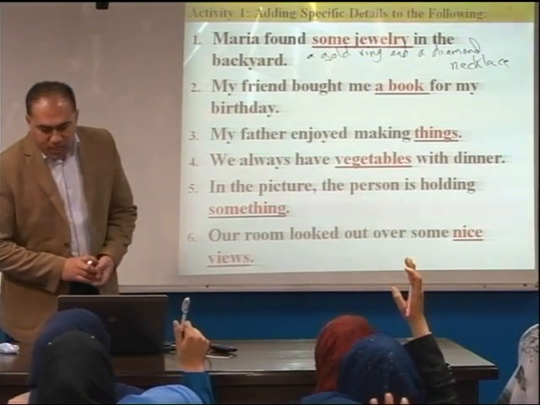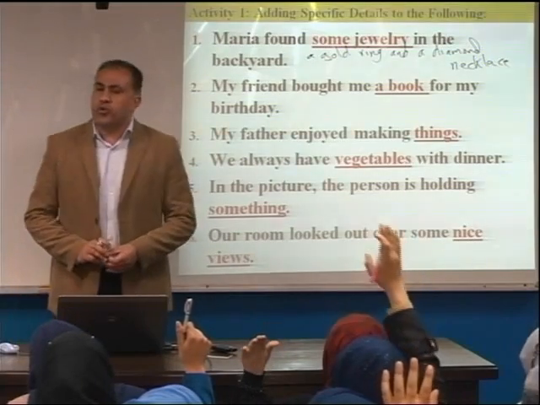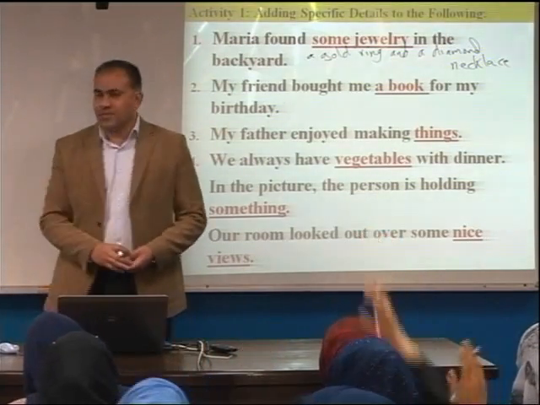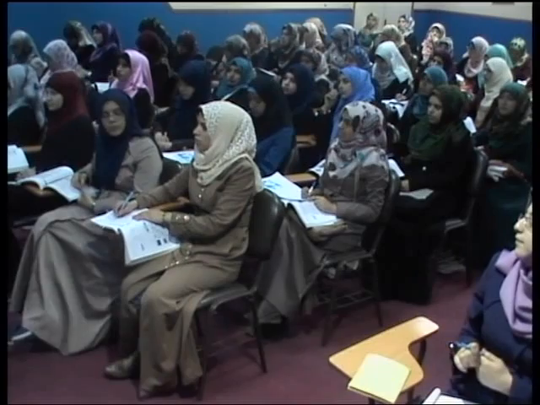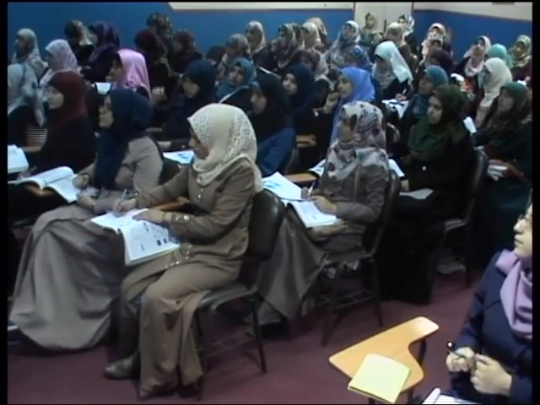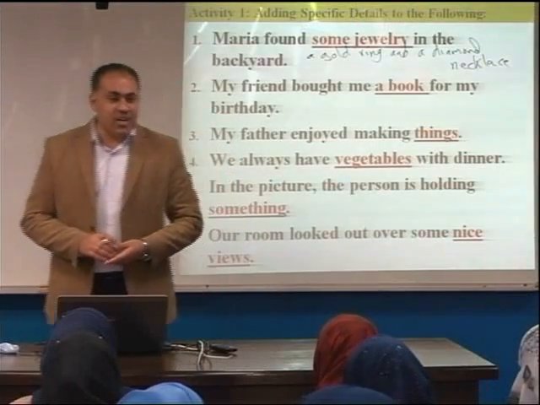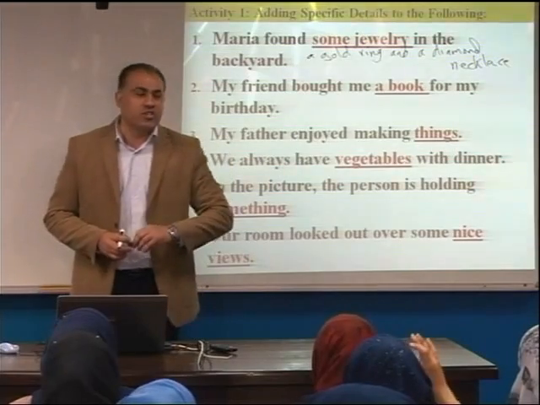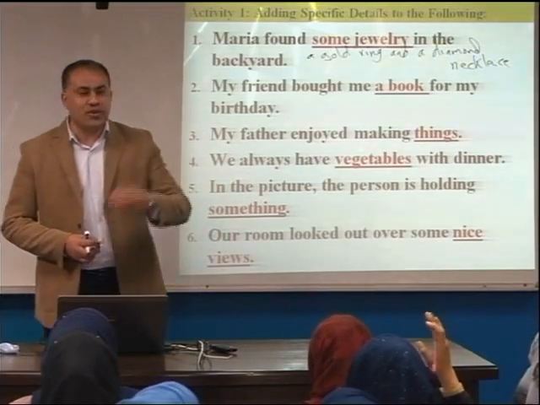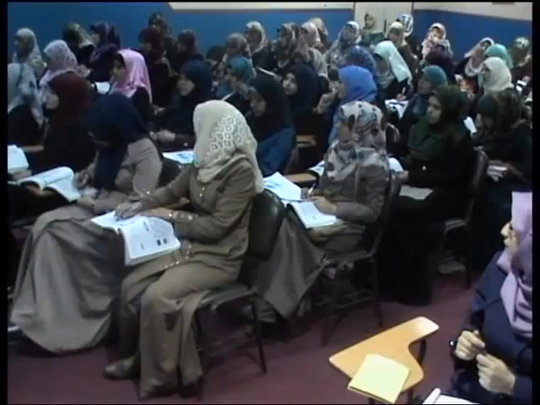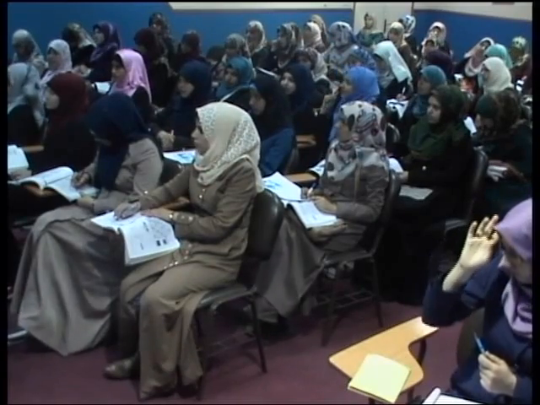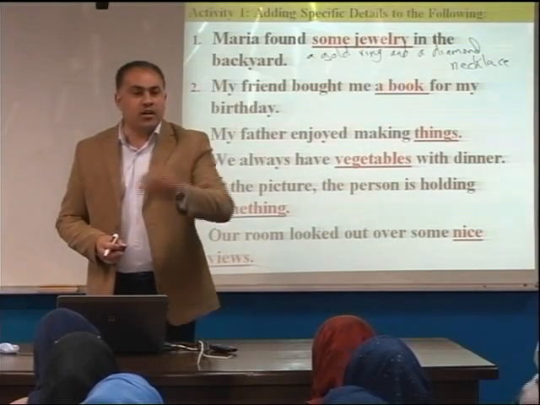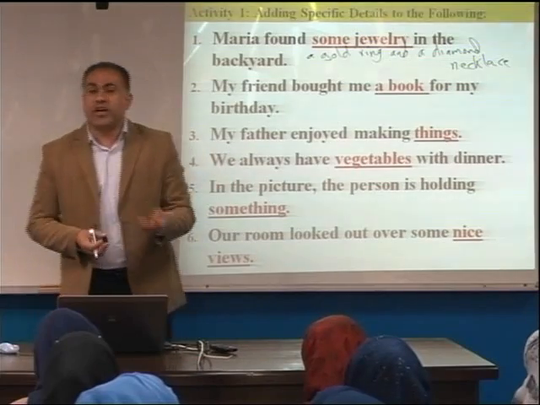My friend bought me a book for my birthday. Yes, please. A scientific book. Very nice. Another answer? A Jane Austen novel. Very nice. A Jane Austen novel for my birthday. Yes, please. A book about basic rules in grammar. Very nice. Or?